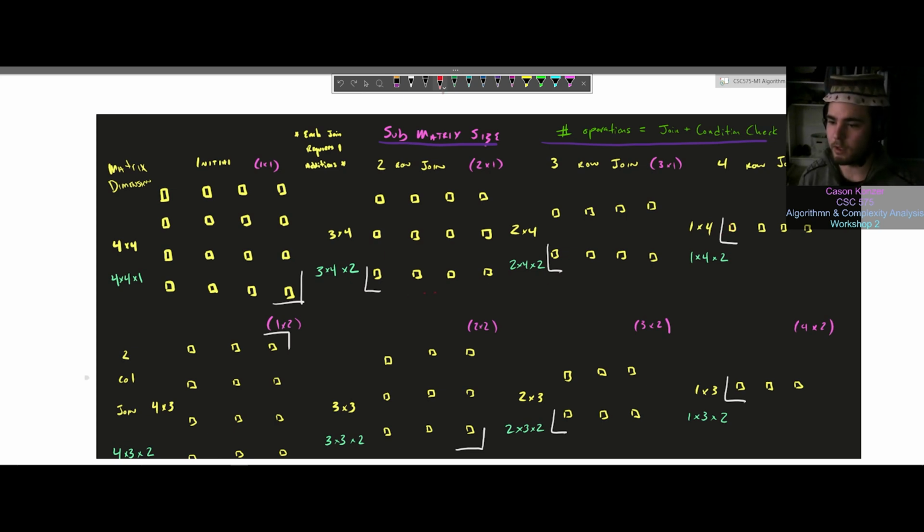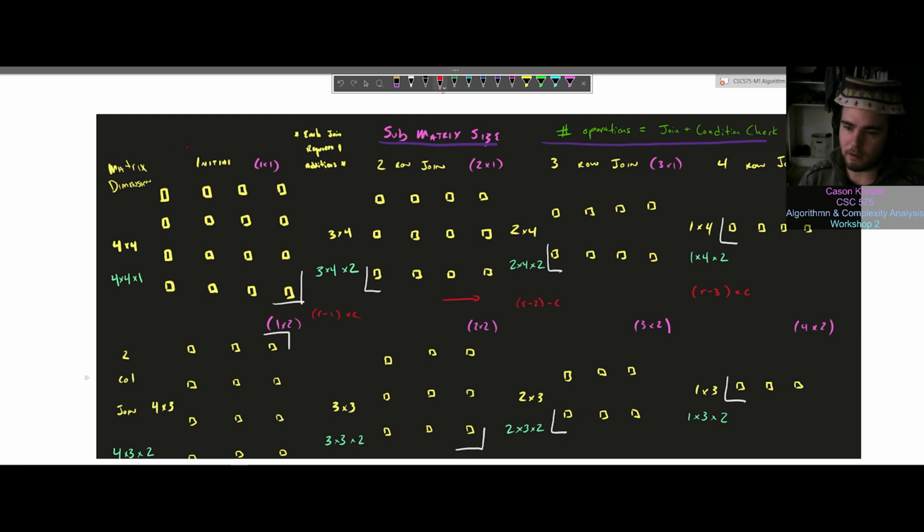And as we move down this line, we subtract 1 additionally from r. So here we had r minus 1 by c, here r minus 2 by c, and here r minus 3 by c.